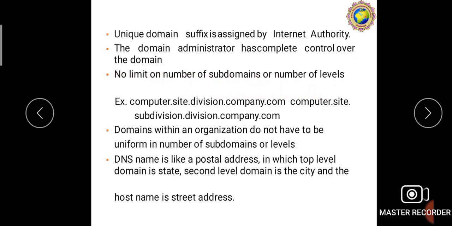For example, here computer.site.division.company.com and then computer.site.subdivision.division.company.com. So here, in computer.site.division.company.com, subdivision is nothing but a subdomain of our super domain.